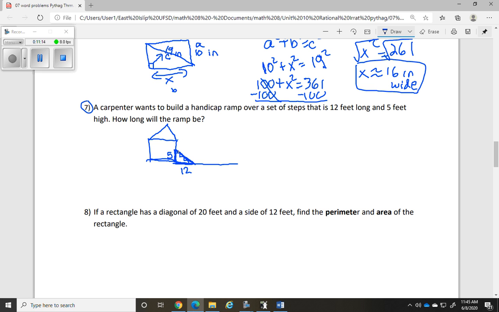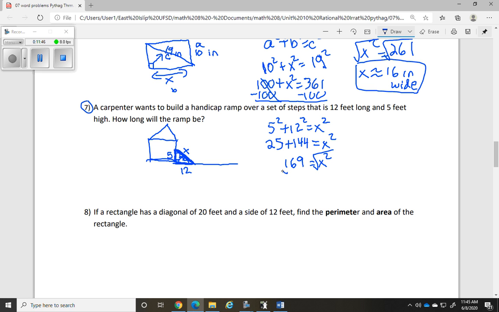Because they say, how long will the ramp be? They're actually talking about this piece of wood or whatever it is he's making it out of. So the x is my hypotenuse. So 5 squared plus 12 squared equals x squared. 25 plus 144 equals x squared. 169 equals x squared.